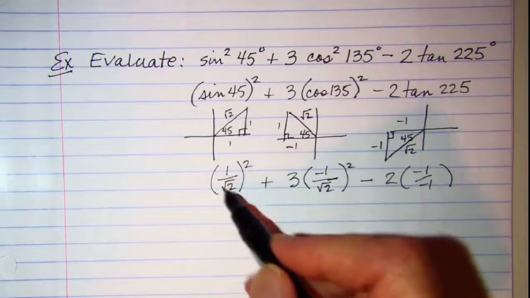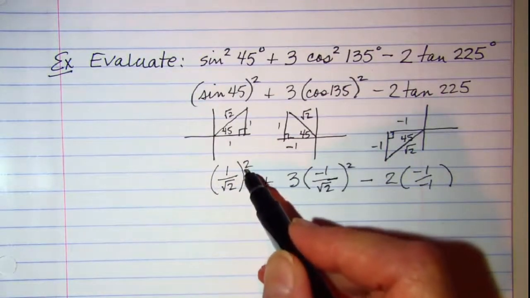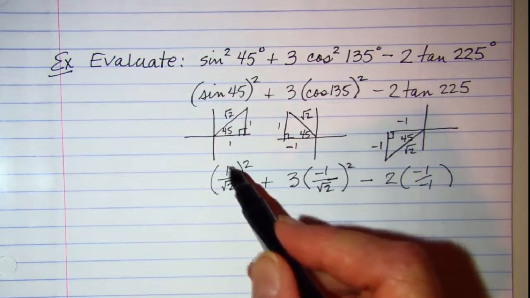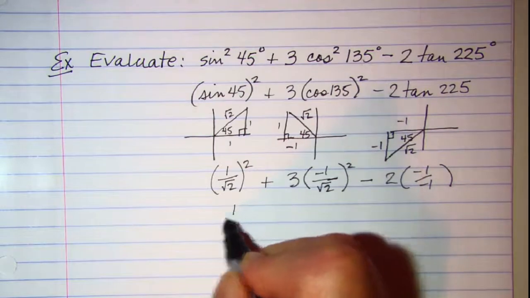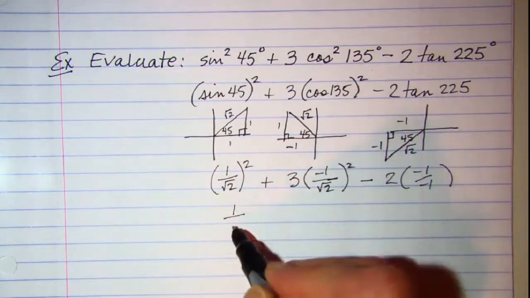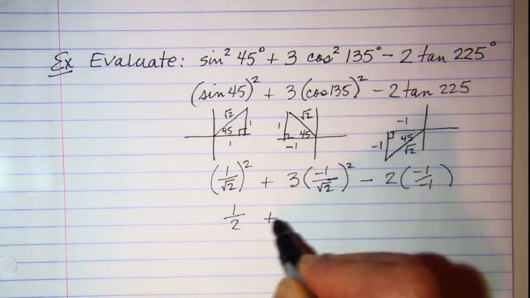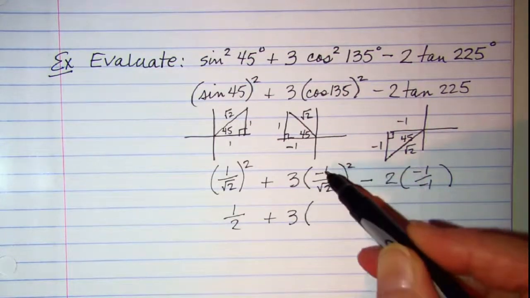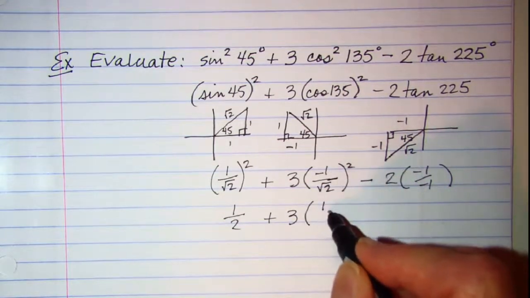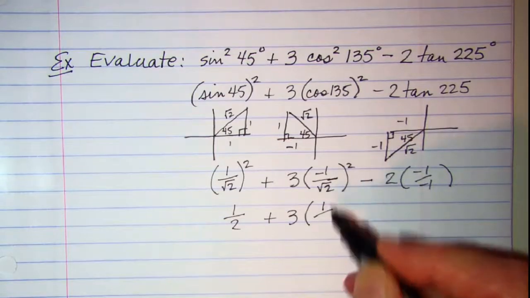Now if we square this, remember that when you square a fraction, you square the top and then square the bottom. So 1 squared is 1. Root 2 squared is 2. On this one, again, square the top, I get 1. Square root 2, I get 2.